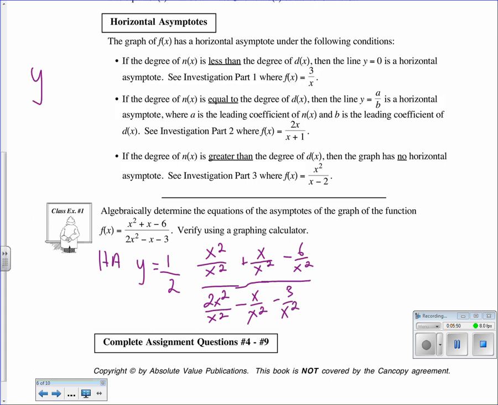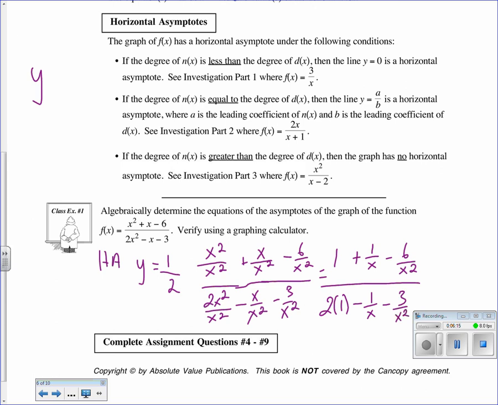On your calculator, take a look at what happens when it simplifies to 1 plus 1 over x minus 6 over x squared, divided by 2 minus 1 over x minus 3 over x squared.